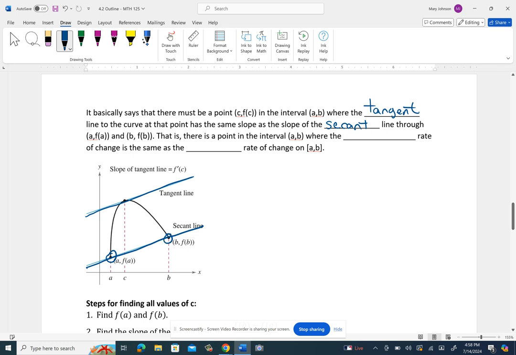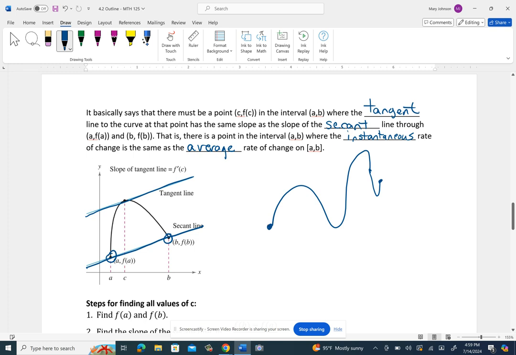Okay. So there's going to be a point somewhere in the interval where the instantaneous rate of change is the same as the average rate of change on the interval. So the idea is if you were taking a trip from here to here, okay, so maybe your trip might look something like that.